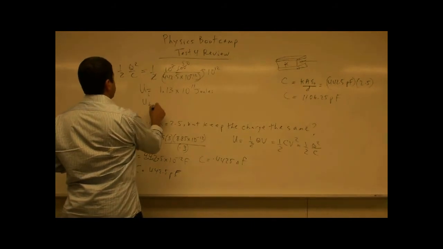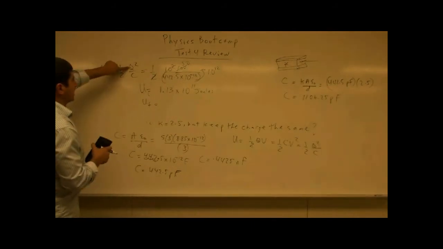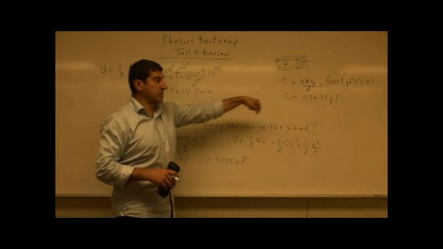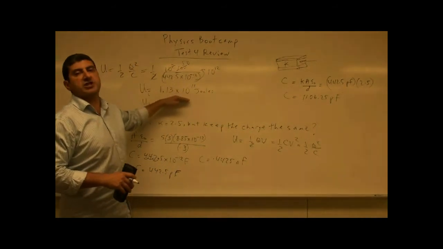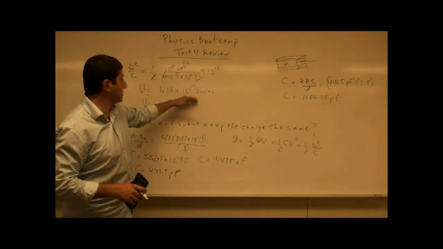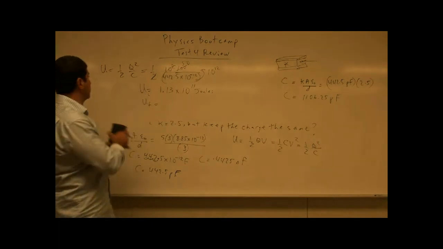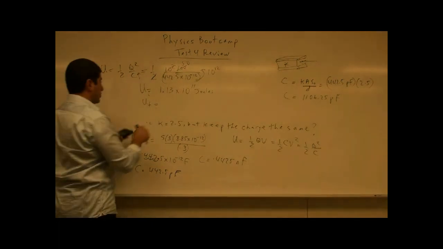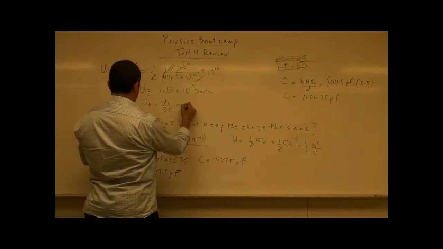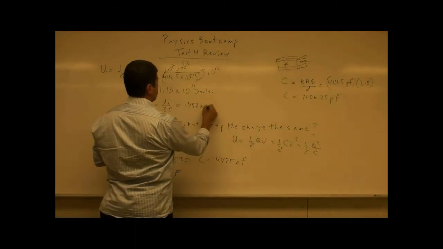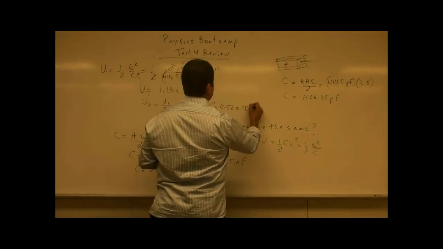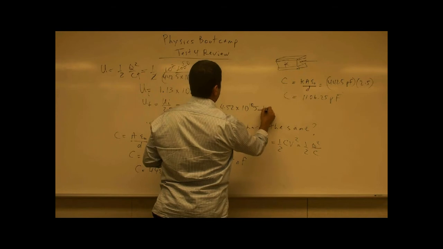The final potential energy, well, I'm keeping the charge the same, I'm increasing the capacitance by a factor of 2.5, right? That means the potential energy is going to decrease by a factor of 2.5, because the capacitance is increasing by a factor of 2.5. So the final potential energy is the initial potential energy over 2.5, which is 4.52 times 10 to the 10th joules.